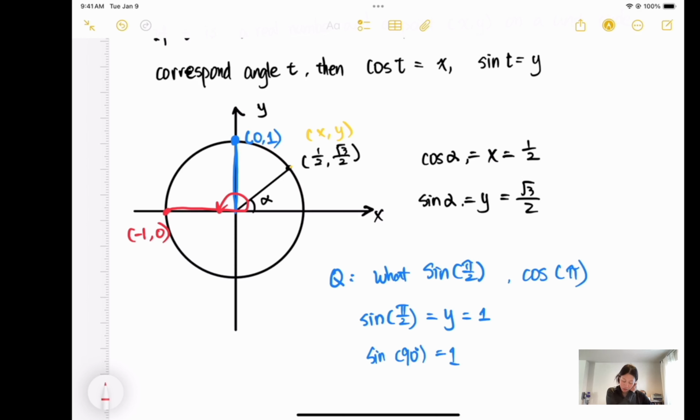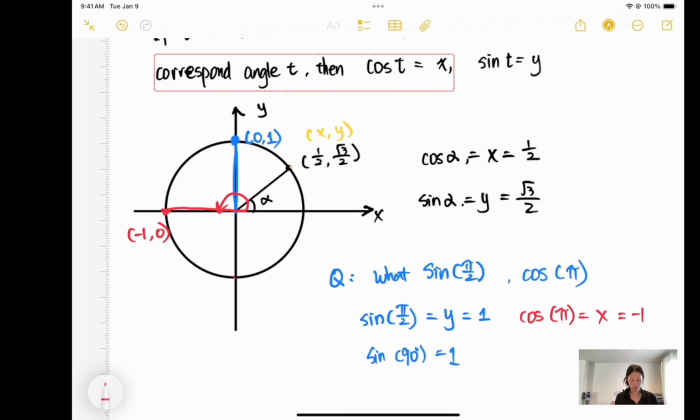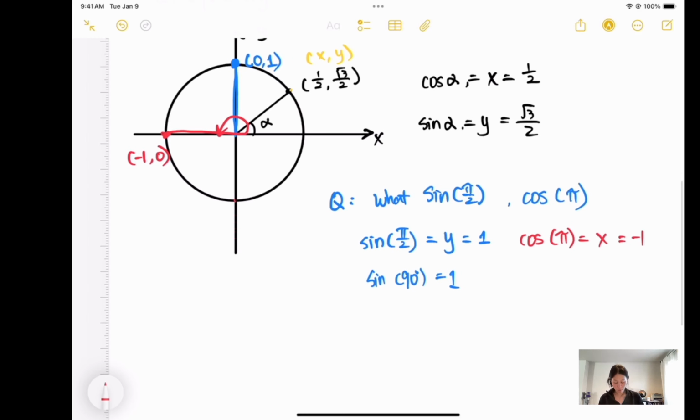And the cosine pi is going to equal the x coordinate, which is -1. So that's it. For these quadrantal angles, all we need to do is find where the coordinate is on the unit circle, and just apply sine equals y, cosine equals x. Now let's do one more, since we're already working on that.